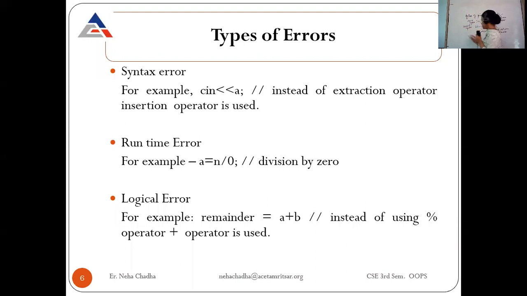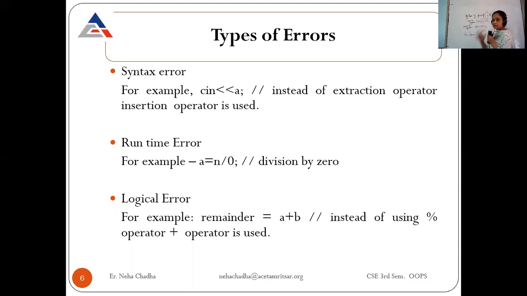Then the second error that comes is called runtime error. A runtime error is when you divide any number by 0. Your program will execute correctly, but on the black screen where you get your output, instead of any value you will get division by 0.